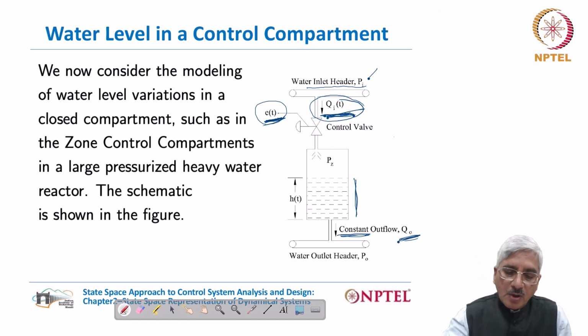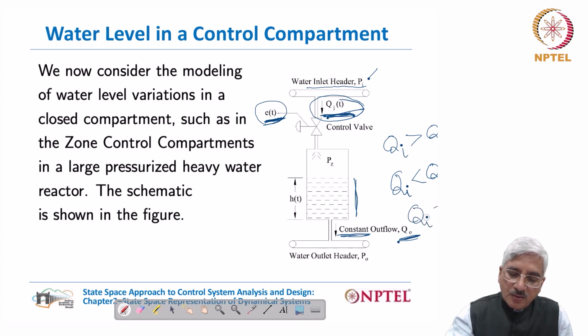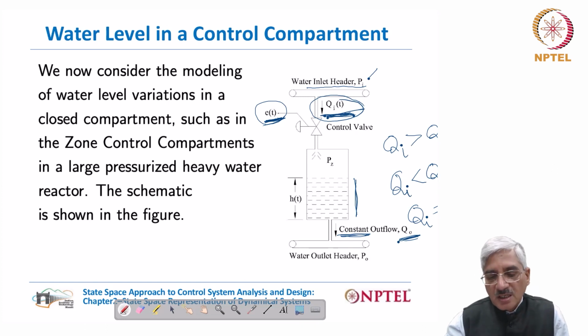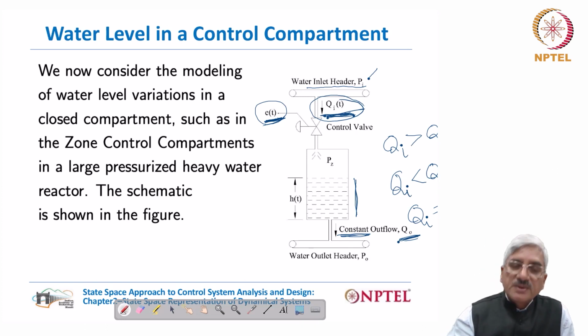So if QI is greater than QO, dH by dt will be positive, and if QI is less than QO, then dH by dt will be negative. And if these are equal, then dH by dt will be 0, or the level will be constant. So this is the key to operation of this system.